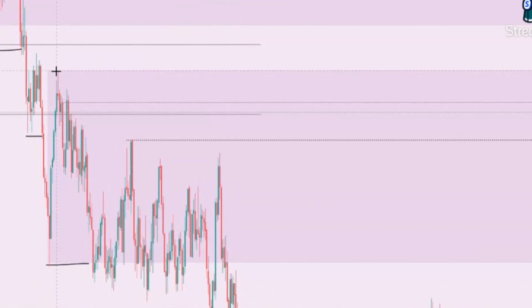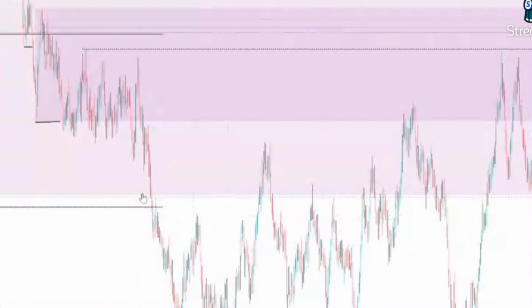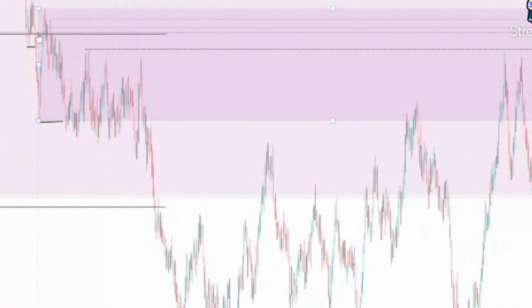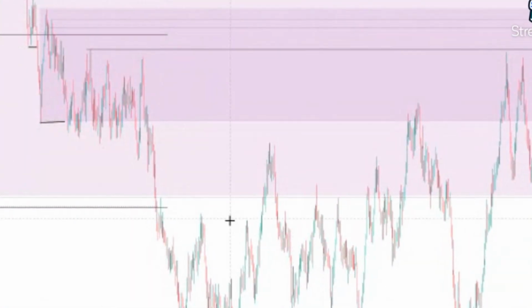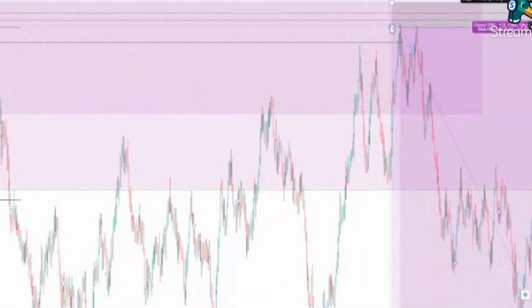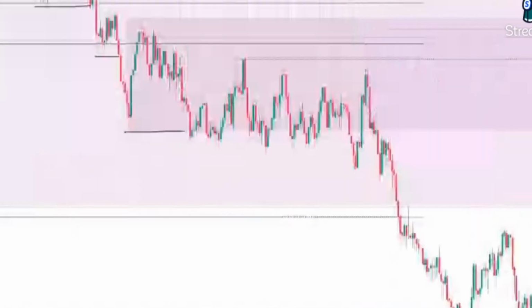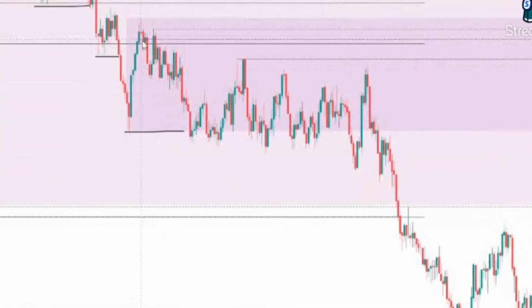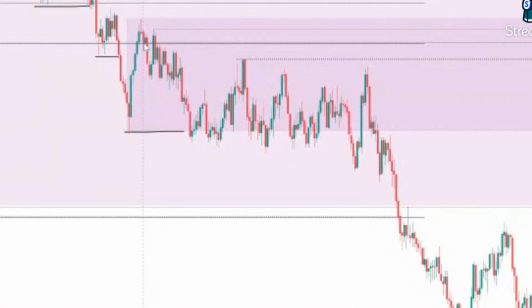You can use this high as your protected high. So let's see what price does. Can you see? This zone is your area of interest, right?